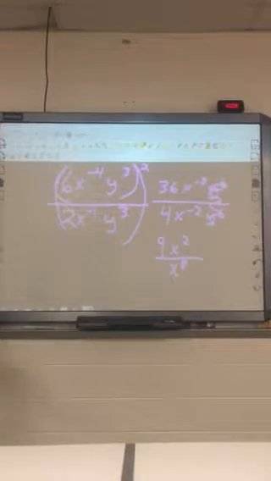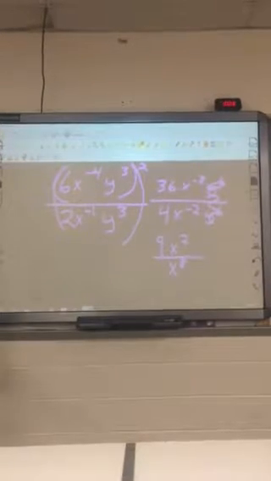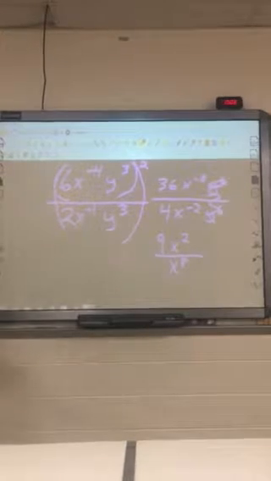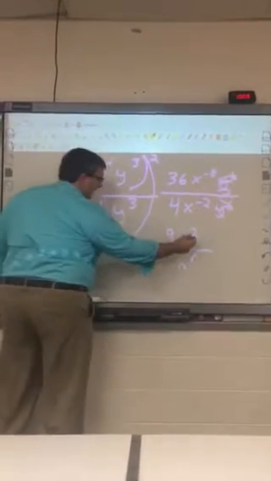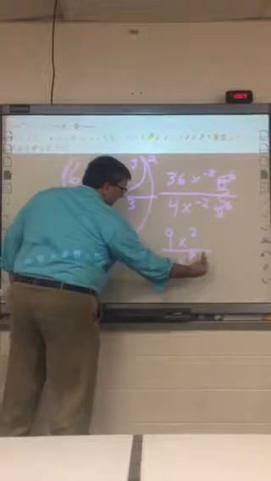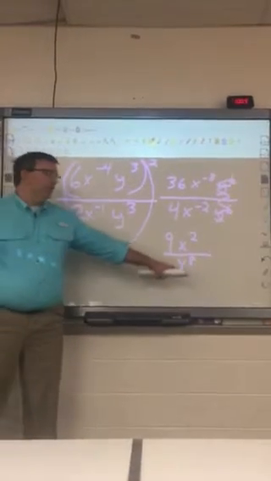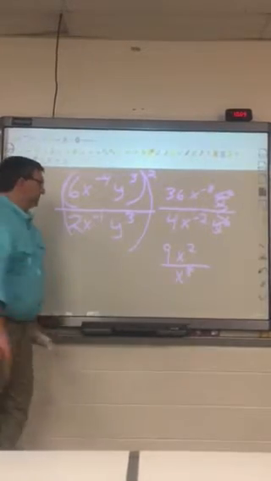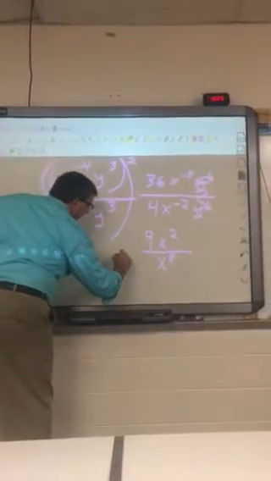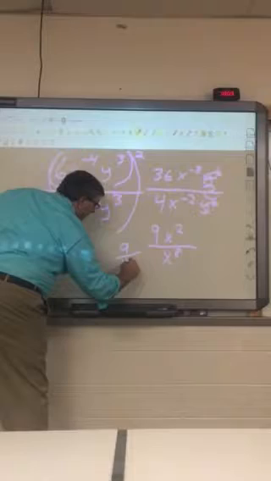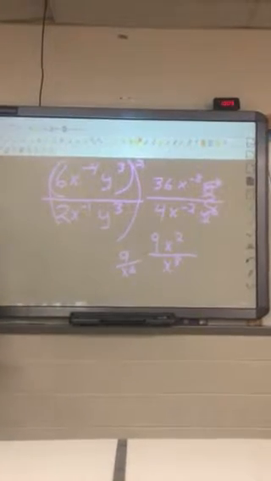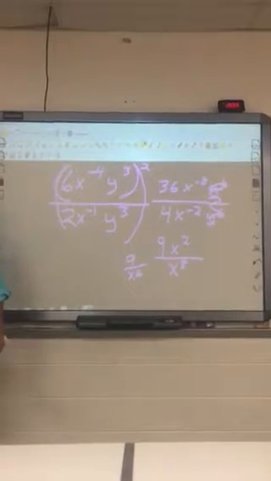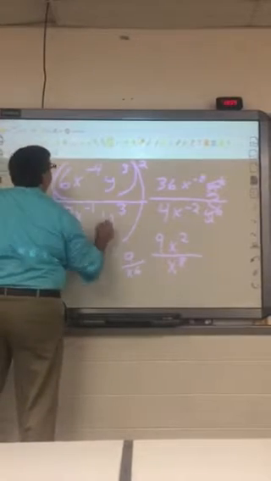Not add them, that's in multiplying. Subtract. So I have 2 up top, 8 down below. How many are going to be left down below once I cancel them out? 6. So I have 9 over x to the 6th. Any questions?